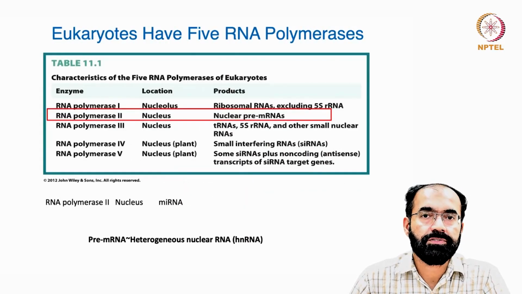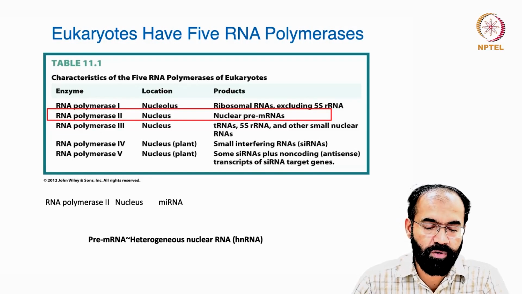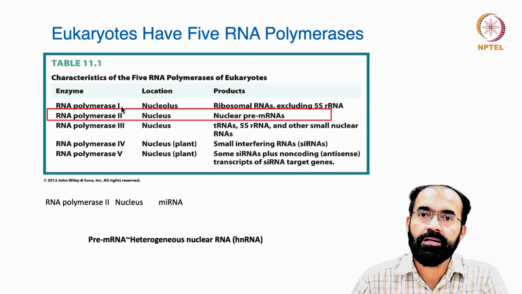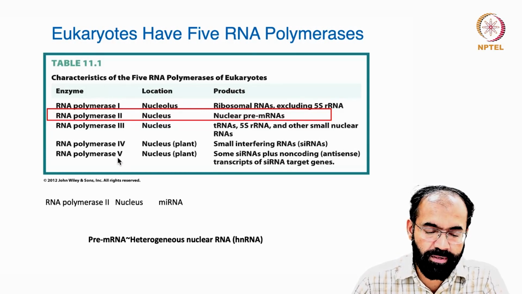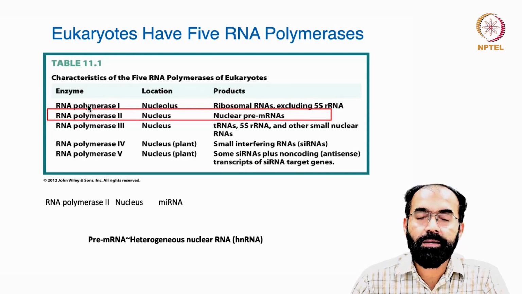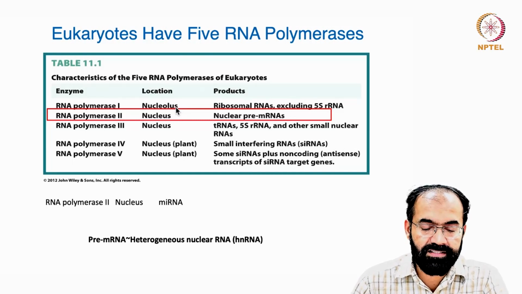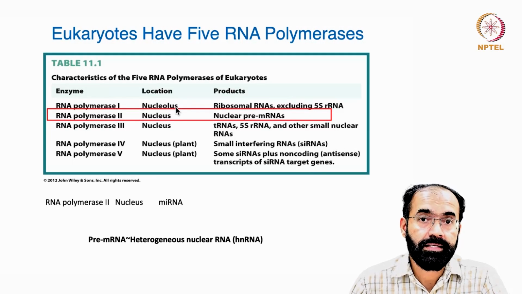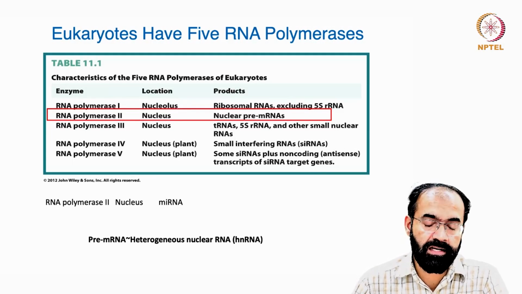Eukaryotes have around 5 different types of RNA polymerase: polymerase 1, polymerase 2, polymerase 3, polymerase 4 and polymerase 5. RNA polymerase 1 is predominantly in the nucleolus. The nucleolus is a structure that can be seen densely stained in the cross section of a cell.